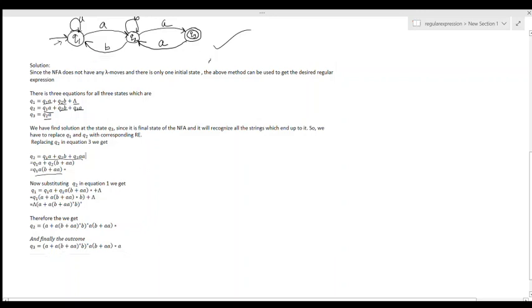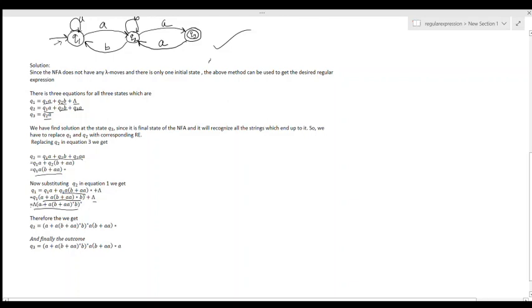Now the result for Q2 is obtained. So Q2 is replaced in Q1, like this, plus lambda. We take Q1 outside, we get this, then plus lambda. Using Arden's theorem again, we get the solution for Q1.